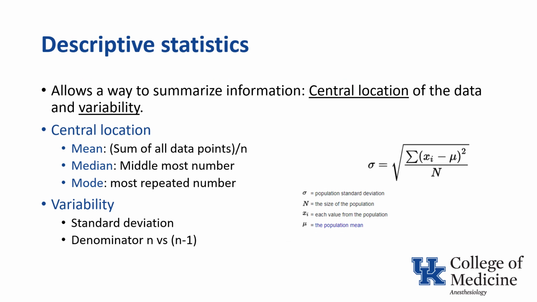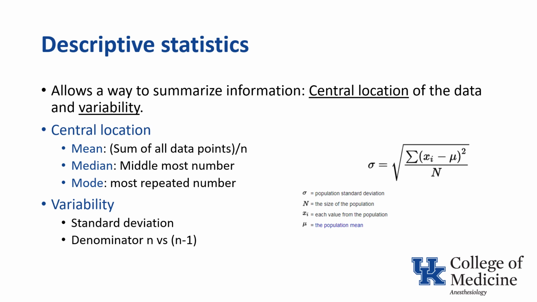Descriptive statistics allows us a way to summarize the information. And the two most common ways to summarize a given set of data is by reporting their central location and variability. Central location will give you an idea of where most of the data is concentrated.